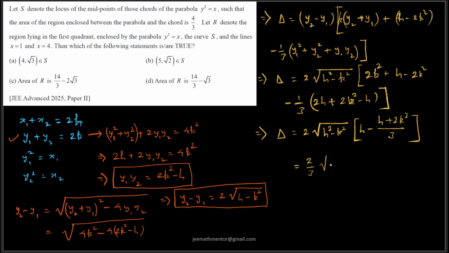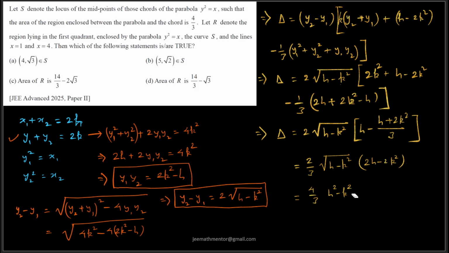So this is root over h squared minus k squared times 3h minus h is 2h minus 2k squared. To bring the 2 outside, this is 4 by 3 root over h squared minus k squared multiplied by h squared minus k squared. Here also I made an incorrect replacement. This is 2 root over h minus k squared. So this is h minus k squared.